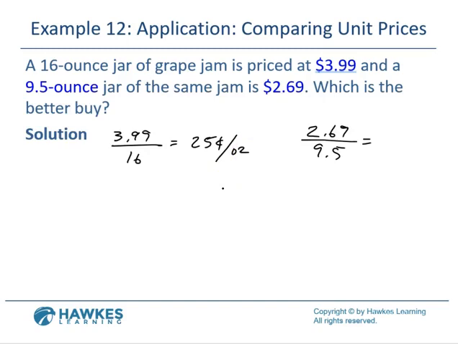I've got 2.69 divided by 9.5, and on this one I get a price of roughly 28 cents per ounce. So though this one costs more, I'm getting a better deal because it's costing me less per ounce. Most of your grocery stores now are going to show you this kind of stuff, and it is well worth reading.